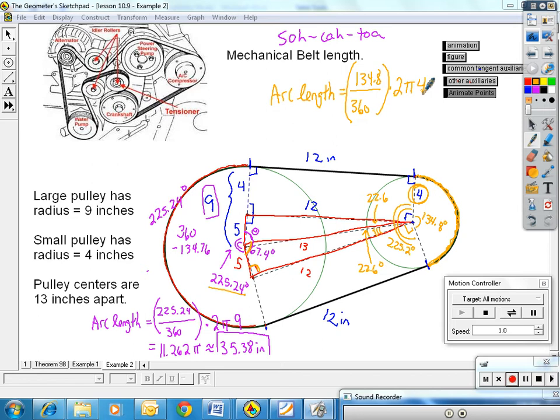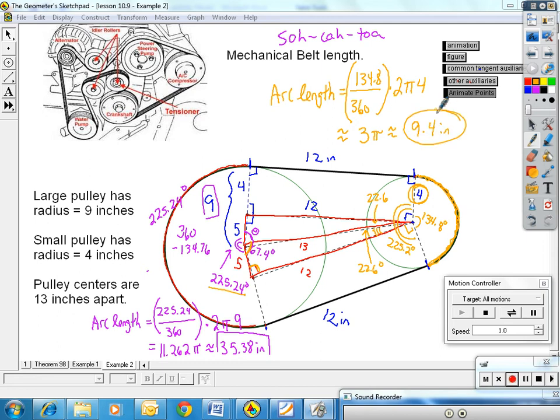So this comes out to be approximately 3 pi. 134.8 divided by 360, multiply that by 2 times 4 is approximately 3. Multiply that by pi, and this is going to be approximately 9.4 inches.